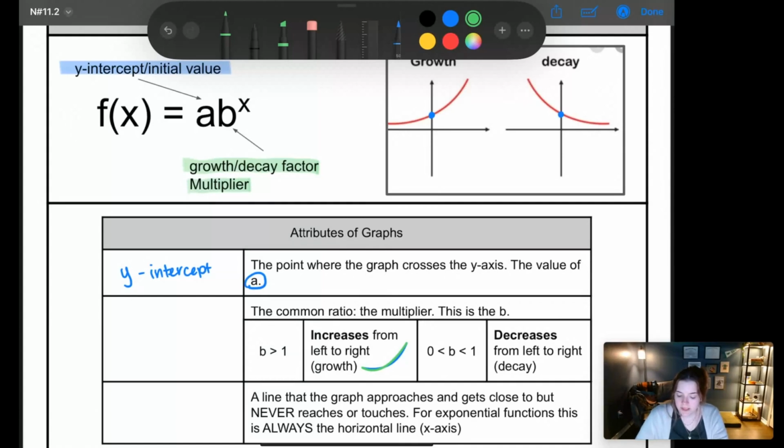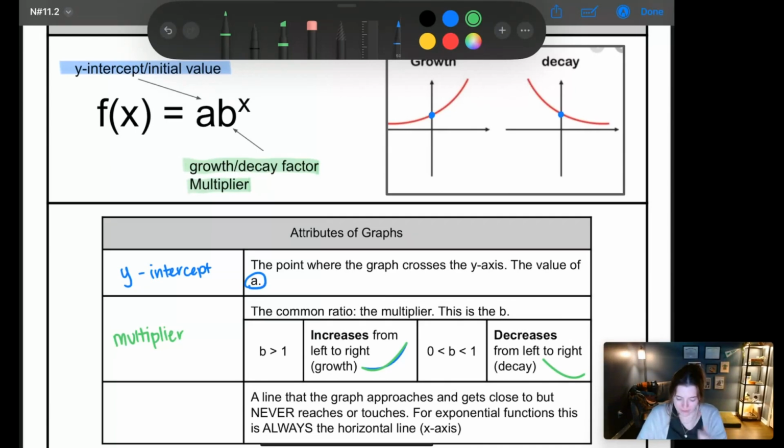If b is between 0 and 1, so like a fraction, for example, it decreases. It shows decay where it goes from left to right, okay? So that is going to be our b value, or our multiplier.